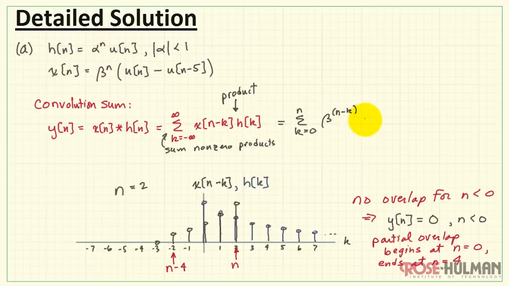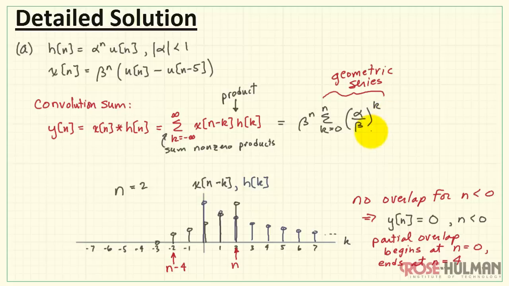In a similar way, we evaluate the argument for h for n equal to k. Now let me expand that term, and since n is not associated with our summing index, I can bring beta^n out front. Beta to the minus k is actually the reciprocal of beta, so I can tuck that underneath.